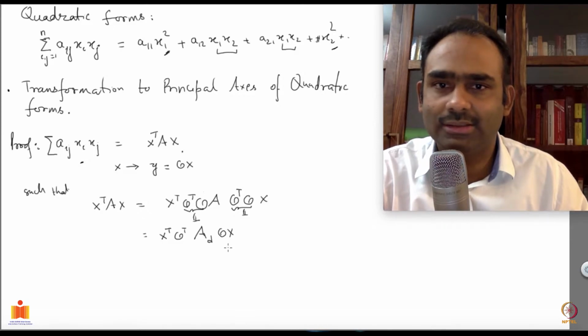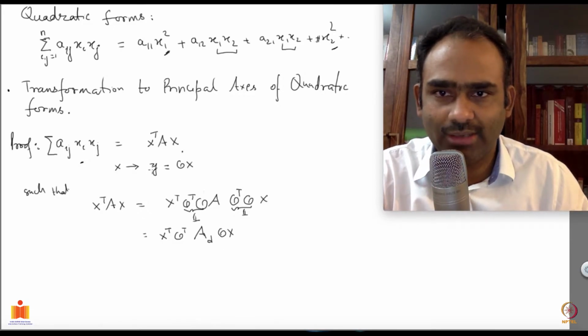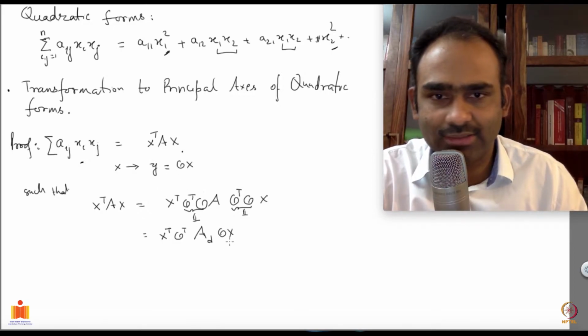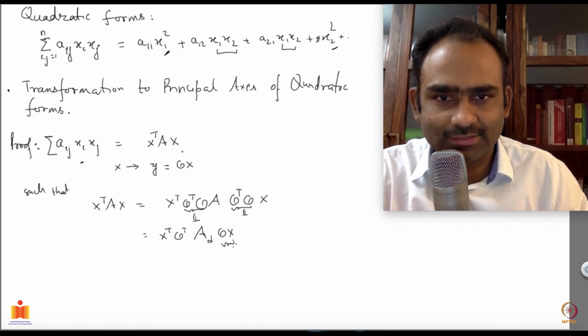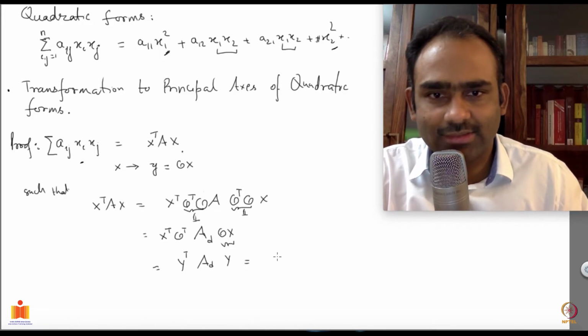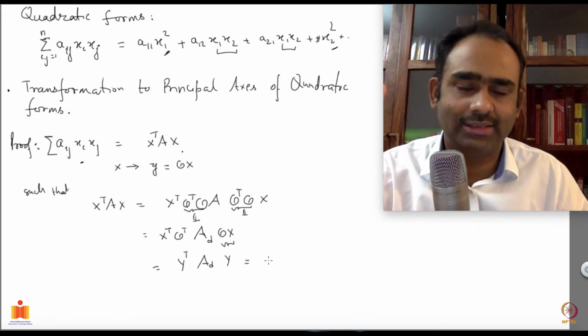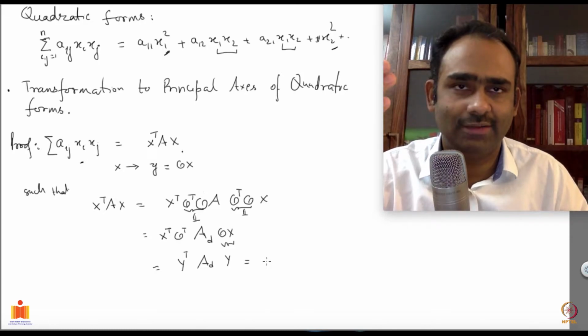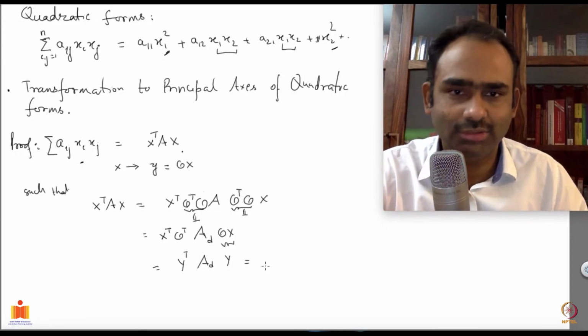I've already defined this to be y. I should have written a capital Y here. So anyway, this is y A diagonal y transpose. This is if you write in terms of components. So y is a column vector, it will have entries y1, y2 and so forth.